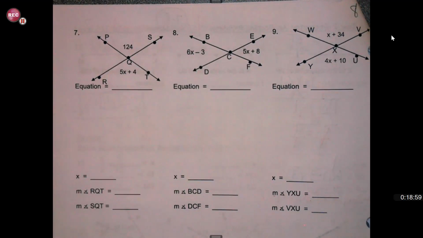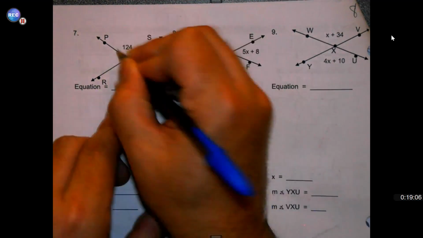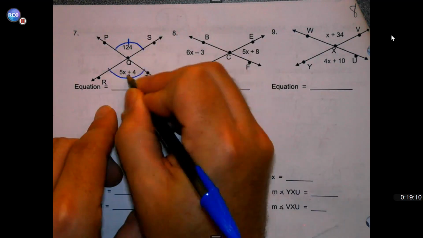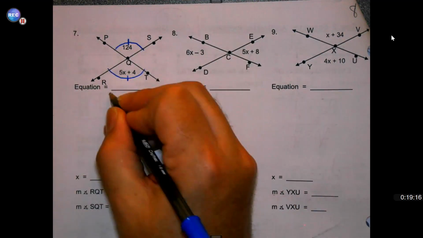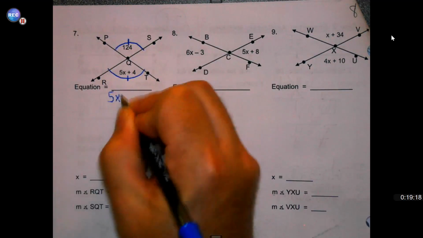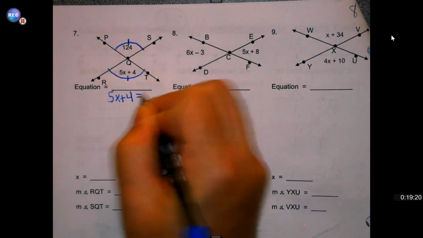Okay, let's see. So if we do 7. Angles are across from each other. So this one equals this one. So my equation, I'm just going to write it below here because that was getting a little tight up there. You're like, Hardy, you threw a curveball here.